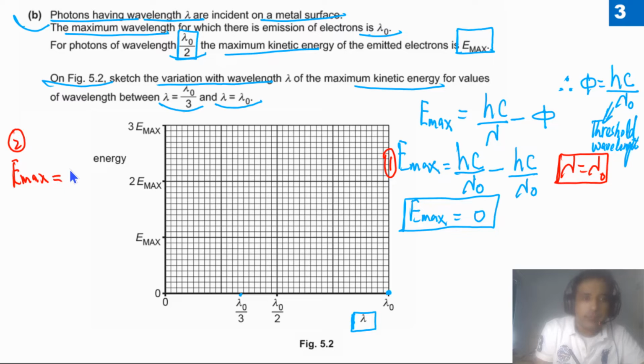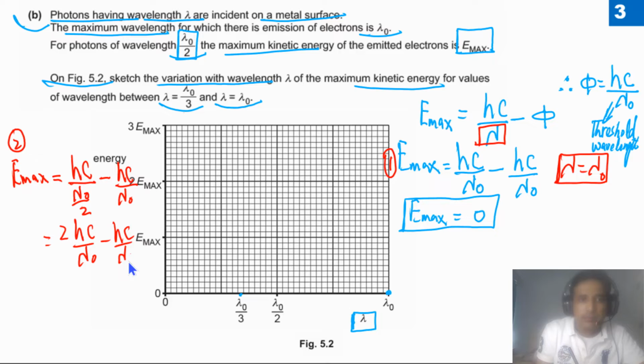E max is equal to hc over lambda. Now we need to replace this lambda with lambda naught by 2. So we write hc over lambda naught by 2, minus hc over lambda naught. If we rearrange, this is 2hc over lambda naught minus hc over lambda naught.